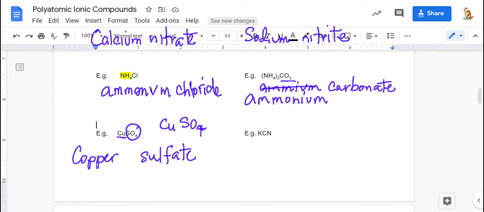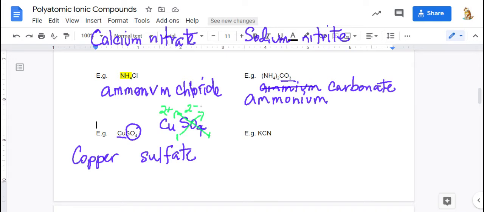So really, there's a 1 over here and a 1 over here. So if you do reverse crisscross, it's like they both have the charge of 1, but we know that sulfate, SO4, has a charge of 2 minus. So we have to multiply both by 2. So that means that's 2 plus, and that's 2 minus.